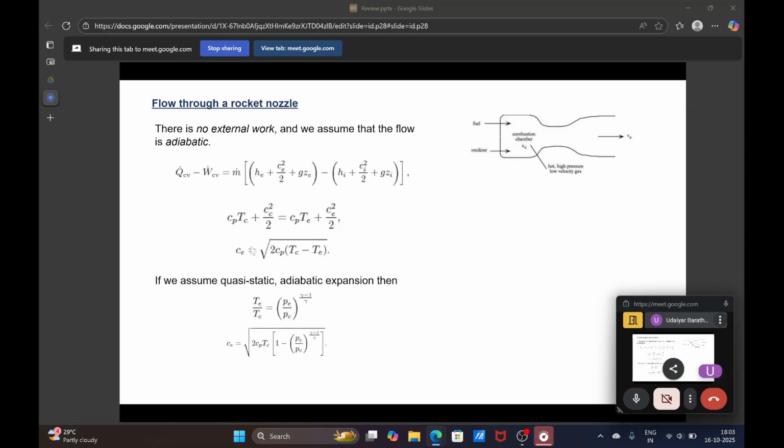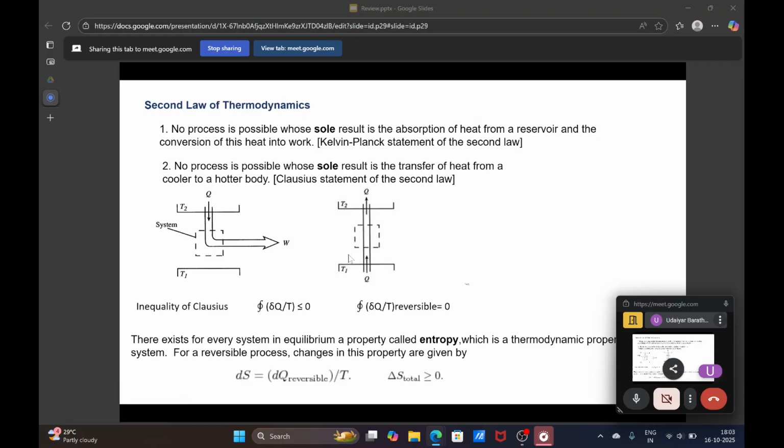So what you get is C equals the square root of 2 times Cp times (Tc minus Te). If you assume it to be an isentropic expansion, we can write PV to the power gamma in terms of temperatures. We get Te by Tc equals (Pe by Pc) raised to the power (gamma minus 1) by gamma. So we can find it in terms of pressure ratios as well.